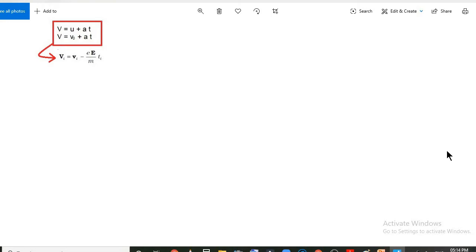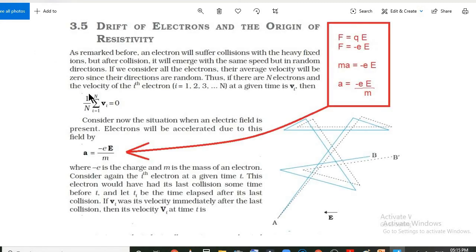Okay, now we already studied Newton's equations of motion. By using that equation we may say v is equal to u plus at. Final velocity is equal to initial velocity plus acceleration into t. And in 11th standard we modified it as v is equal to v0 plus at. We can make use of that equation here. In the previous iteration we got the initial average velocity of all the electrons.